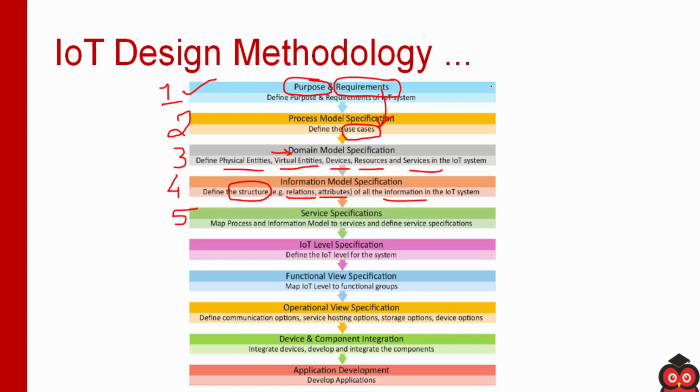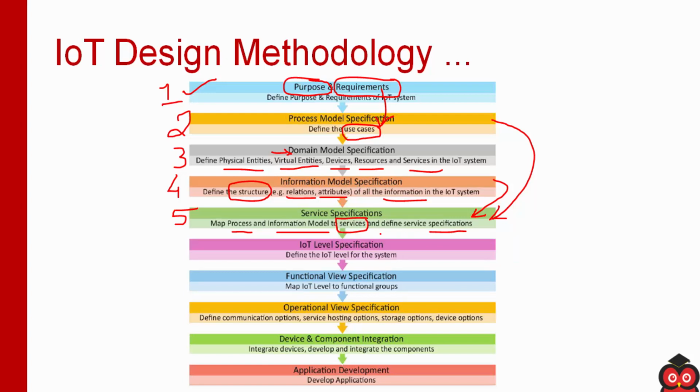The service specifications come from both the process model specification and the information model specification. Through an example we will see all these steps, don't worry, but for now just listen. In the service specifications we map the process and information models to services and specify them.